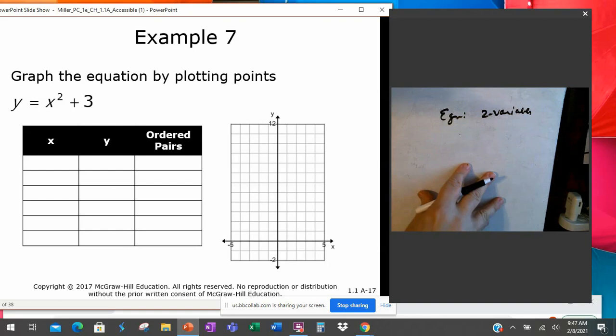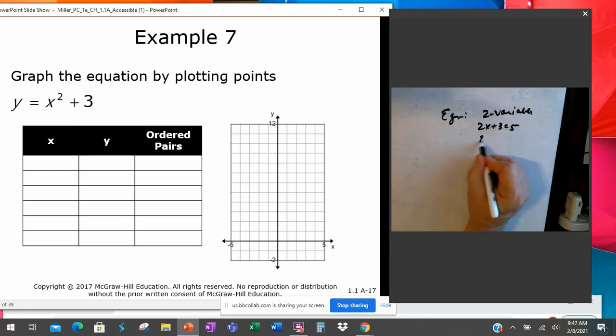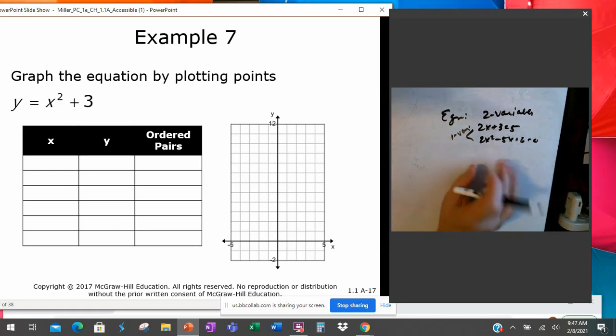Okay, so while we were doing our review, we would just have, solve this particular equation, 2x plus 3 is equal to 5. 2x squared minus 5x plus 6 equal to 0. We'd solve these things, but they were only one variable. Okay, but what if we have two variables? Two variables, you have to give me the x and then I plot the y.